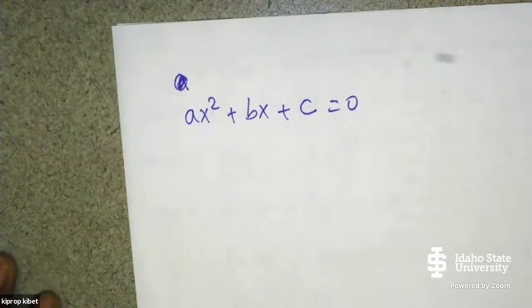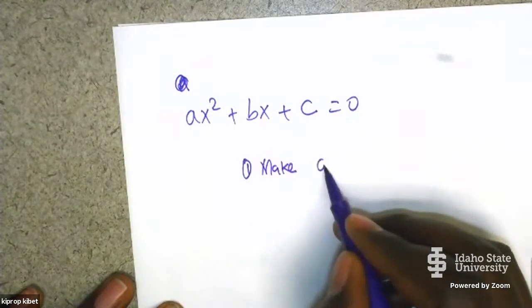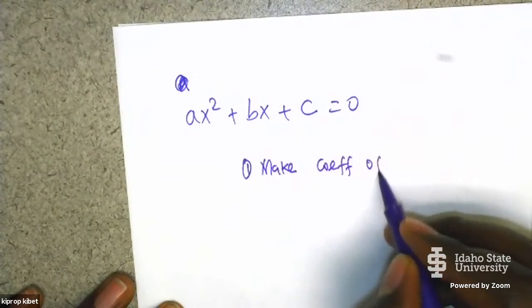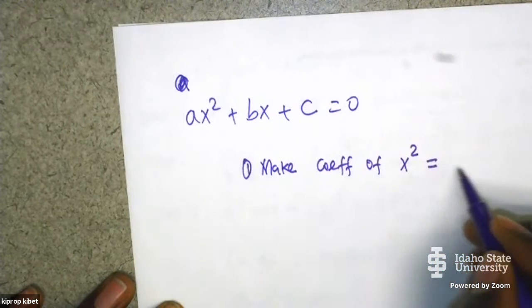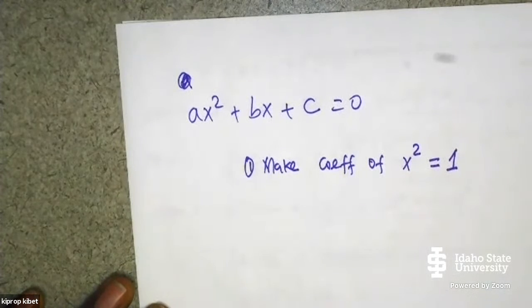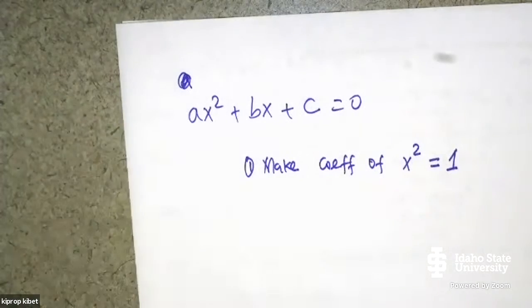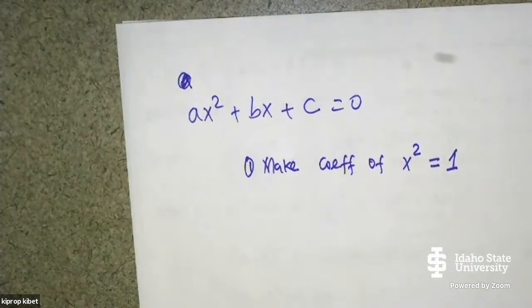The only thing you need to remember is, one, make the coefficient of x squared equal to 1. That is the first step. So you make sure that the coefficient of x squared is 1 when you're using completing the square.